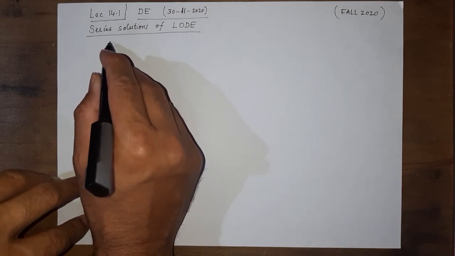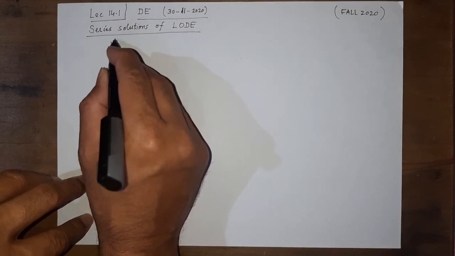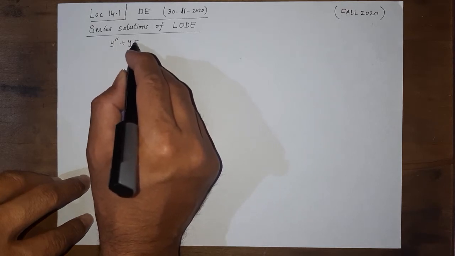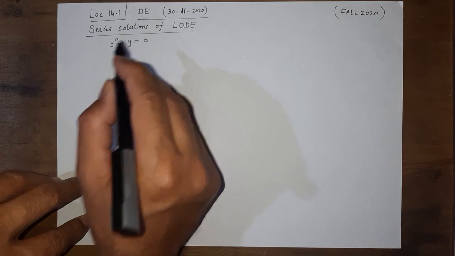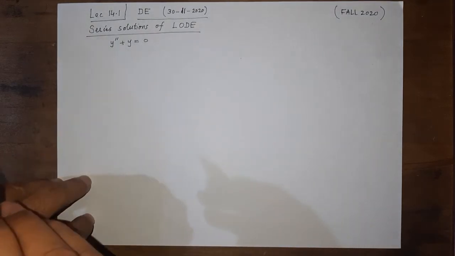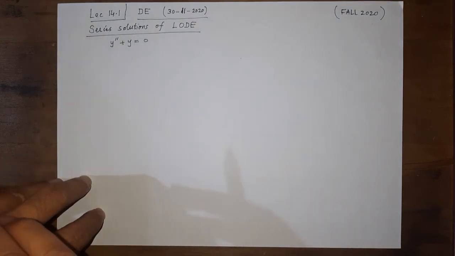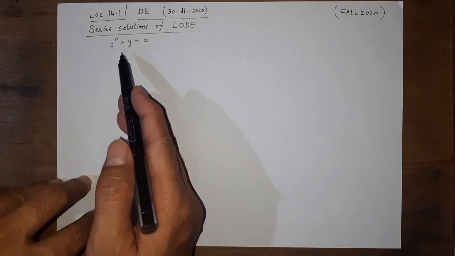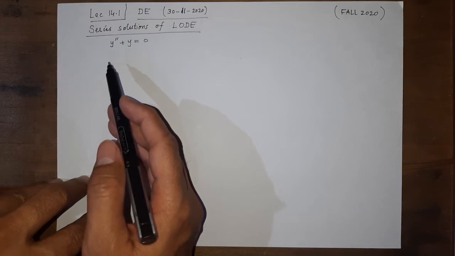By now, you should be able to solve this second order differential equation by simple methods that we have studied till now. We can very easily see, even by inspection, what the solution would look like.